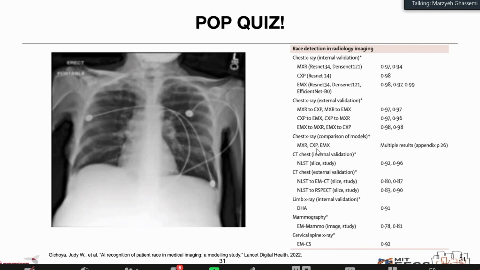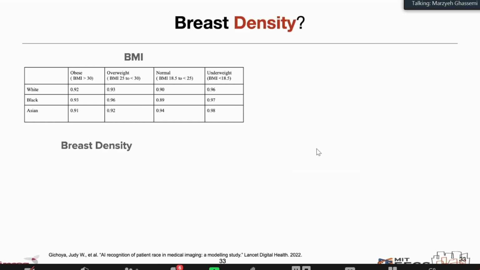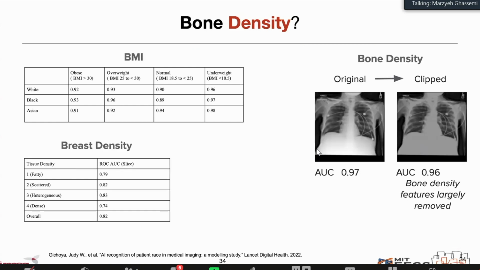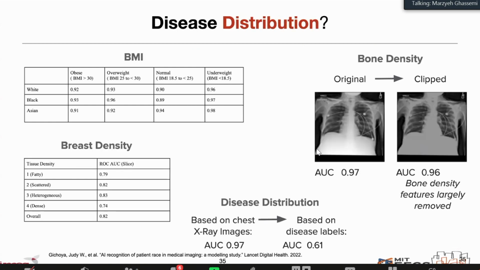And you might say, well, you just told me that there's all of these proxies in the representations. There's information that's leaking about who you are based on comorbidities, based on how the staff is treating you. And so we actually told the radiologist, can you just brainstorm the top 10 things that you think the model is using to cheat? And then we evaluated them. It's not body mass index, it's not breast density, it's not bone density, it's not disease distribution.